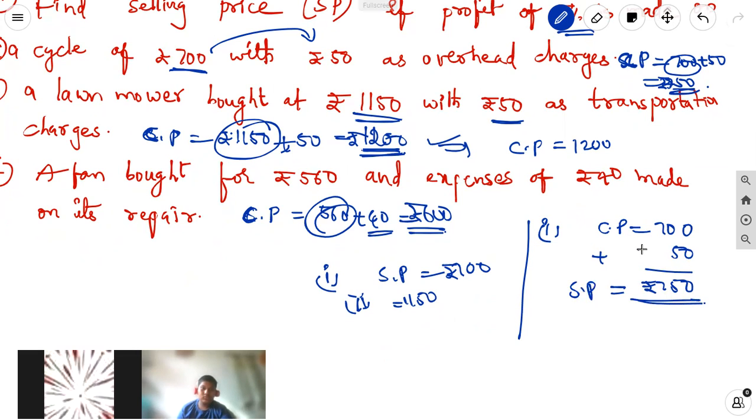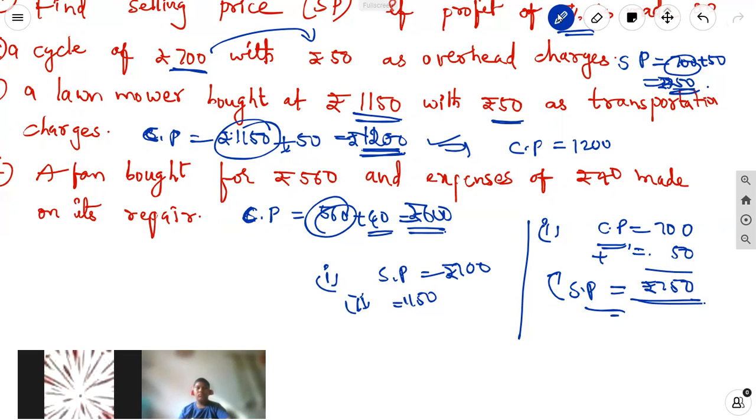Or if we get the cycle for 700 rupees and on that the repairing overhead is 50 rupees, its cost price is 750. In two cases we can arrange. If we want to sell it after buying this, then the selling price is 750 rupees. Okay, how we first thought it over is correct only.